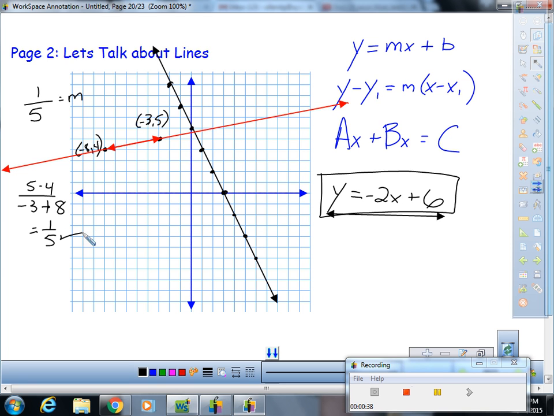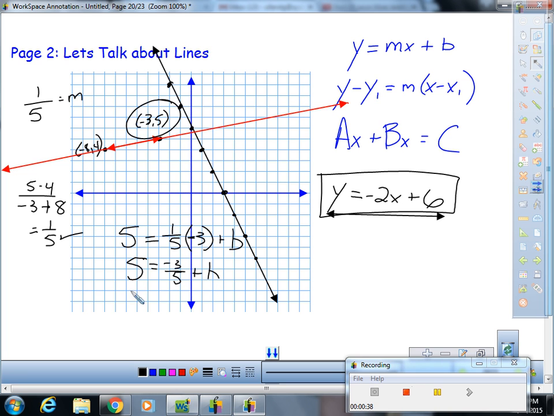Okay, good, that works. So if I wanted to find the y-intercept, I could just use, let's say, this point, and I could say 5 is our y, equals 1/5 times x, -3, plus b, and you get 5 equals -3/5 plus b.